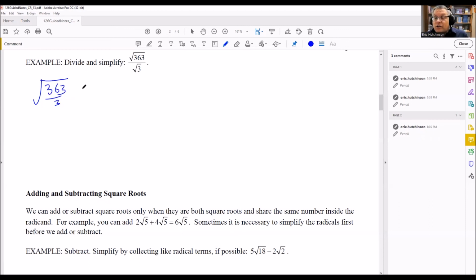Now, because I did it that way, now I can divide those, and I get the square root of 121, and the square root of 121 is 11. So now I was able to get the right answer on that. So again, this is using the quotient rule kind of in reverse. I took the separated square roots and I put them together as one single square root. That would allow me to divide and do more to simplify.